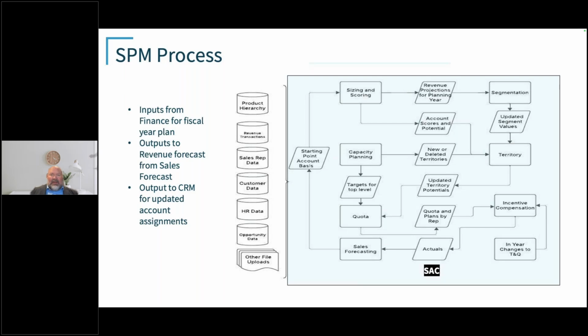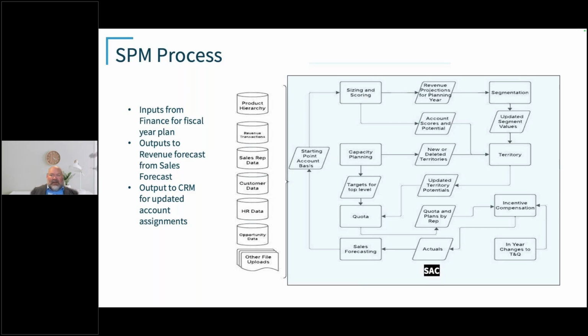What comes out of that whole capacity planning process is a couple of other items. Number one, we have targets for the top level of our organization, or how we go to market. And we also have new or deleted territories, because maybe during capacity planning I found out that I had too many reps, because the capacity came out such that I'm going to exceed the target with this many heads. So I get rid of some of the organization in the yearly planning process. Again, this is the high-level planning that companies do on a yearly basis.